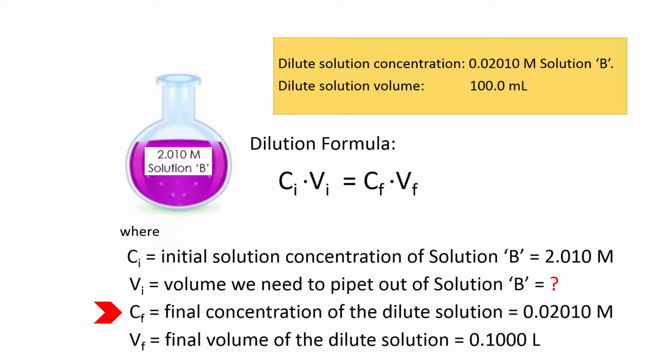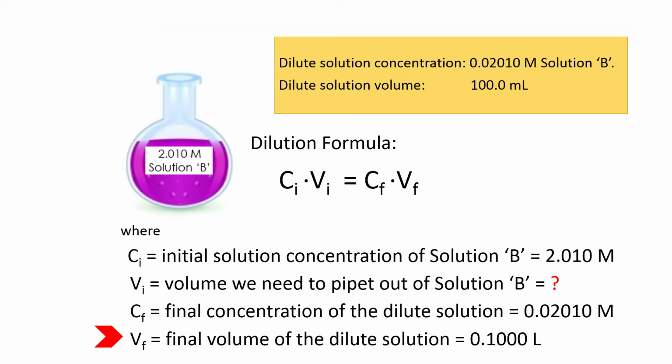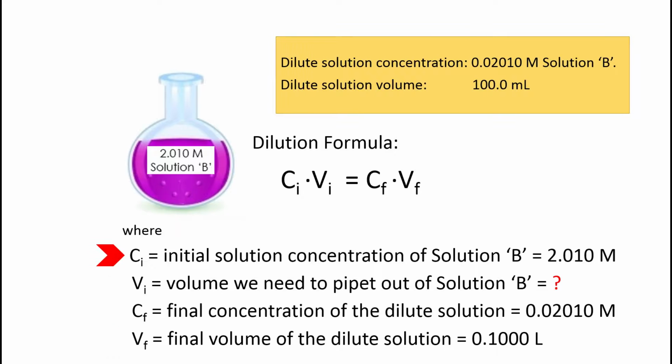We begin to substitute numbers into this equation. Cf is the concentration of the dilute solution, which is 0.02010 molar, and Vf is the volume of the final dilute solution, which is 100.0 mL, or 0.1000 liters.